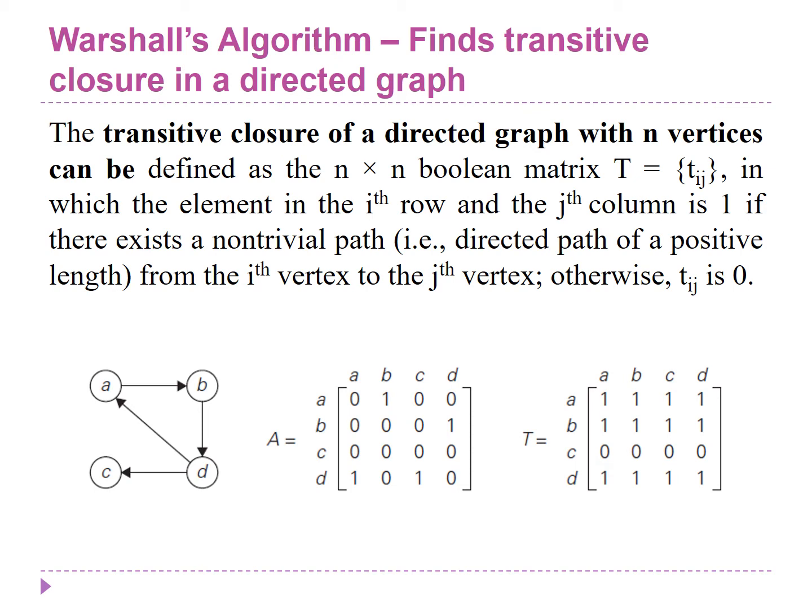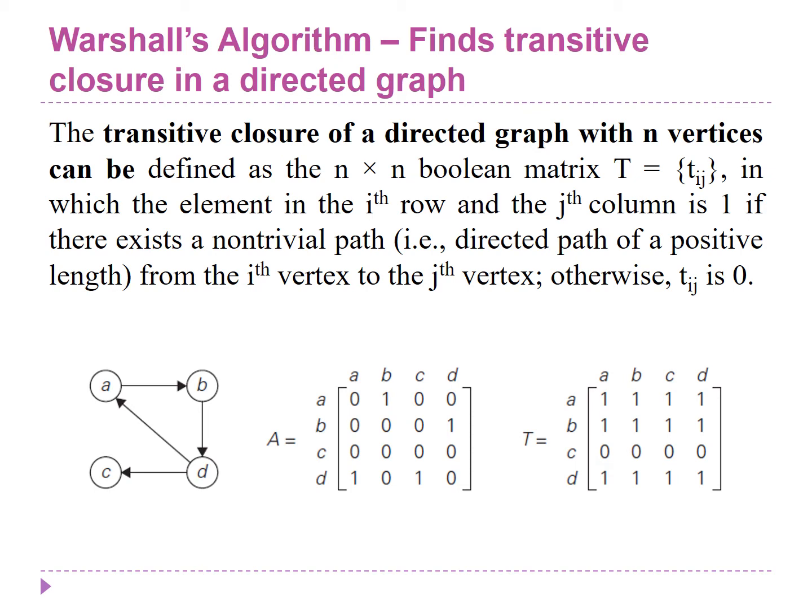From the adjacency matrix, the transitive closure matrix T could be derived. The transitive closure matrix T represents the presence of a directed path between the vertices. For example, there is a directed path from A to itself.